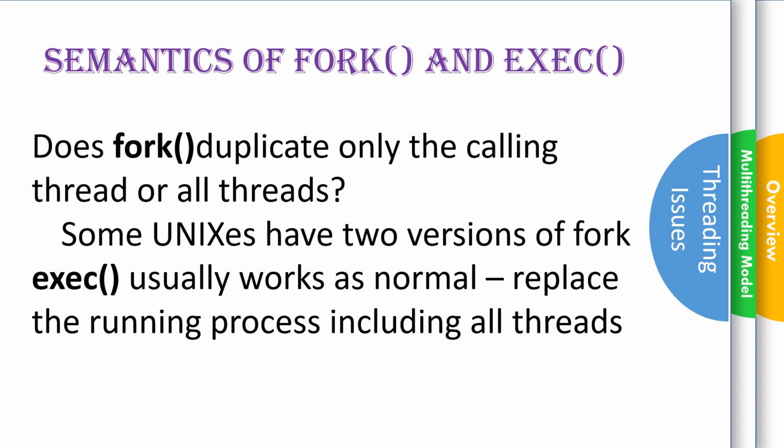It is better to call the fork that duplicates only the single thread that called it. Whereas if you are going to call exec later, then you can call the fork version which duplicates all the threads of the process.